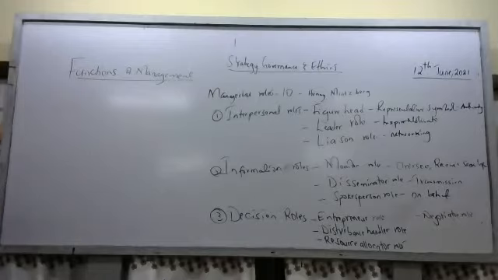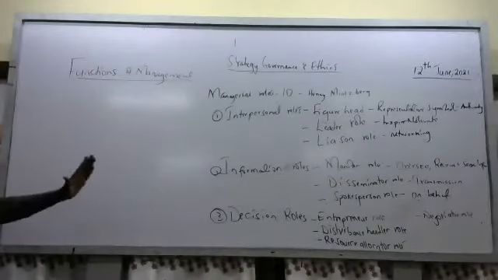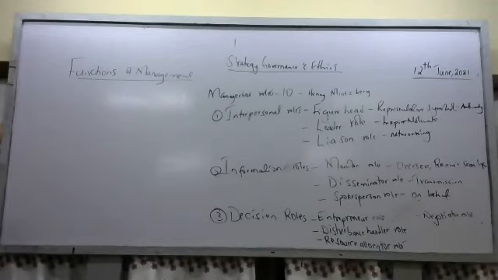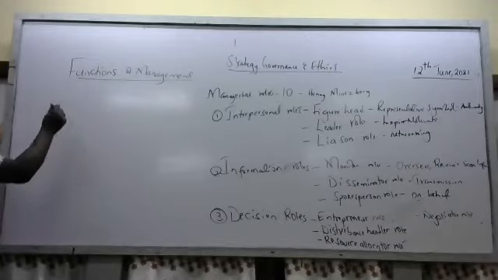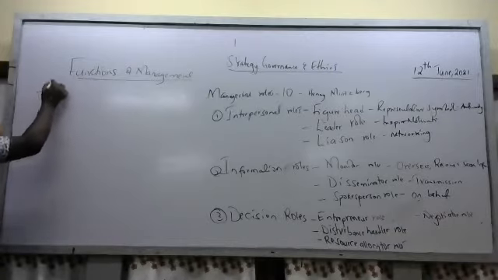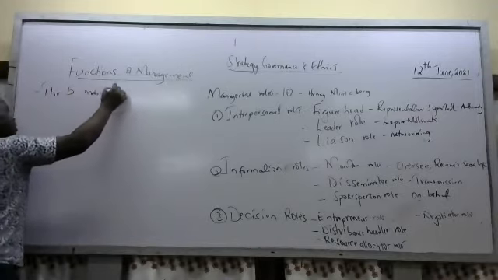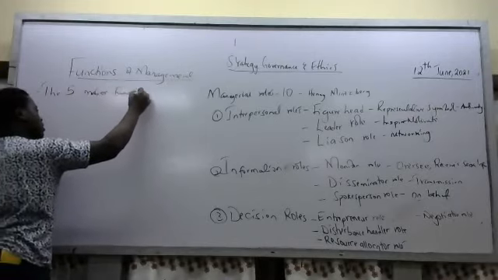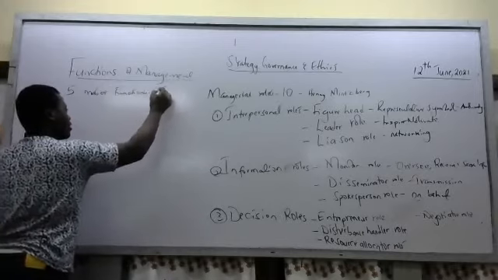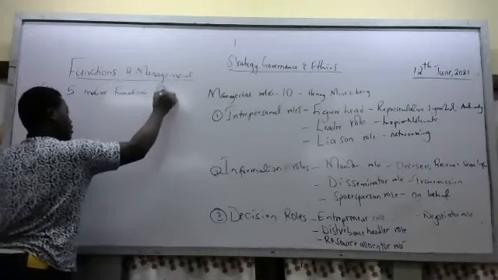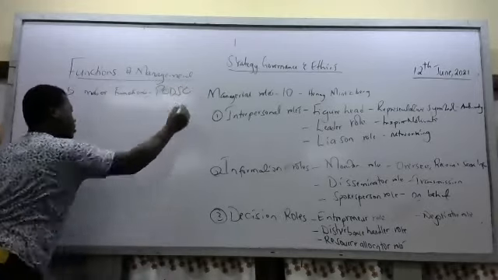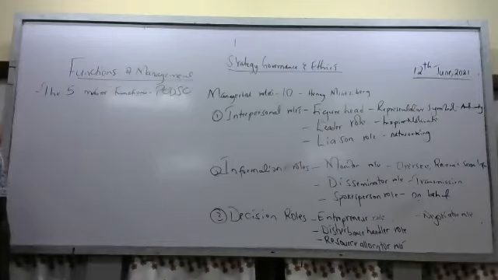When you talk about the functions of management, I like to look at them beside the roles of a manager because they're almost similar. When we talk about the functions of management, we talk about the 5 major functions, which are PODSC.